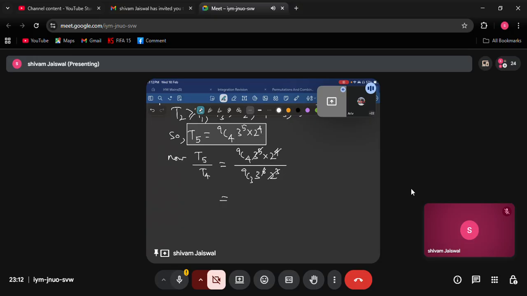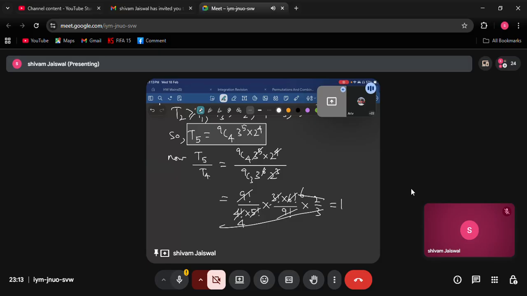So what is 9C4? 9C4 is 9 factorial divided by 4 factorial into 5 factorial, multiplied by 3 factorial into 6 factorial divided by 9 factorial, multiplied by 2 by 3. 9 factorial gets cancelled. 5 factorial, this will go by 6. 3 factorial, this will go by 4. So 6 by 4, multiplied by 2 by 3, gives 12 by 12.